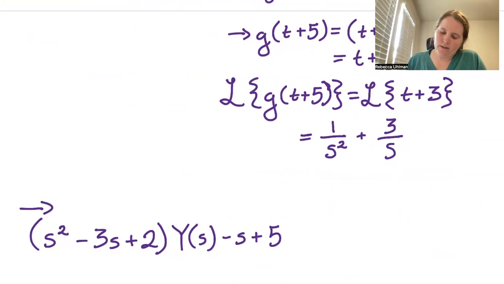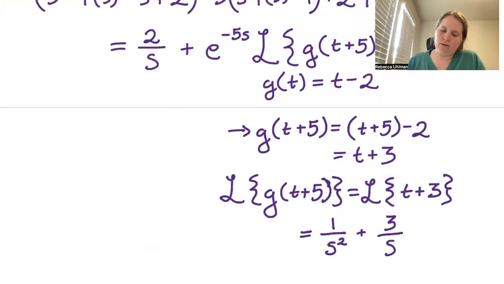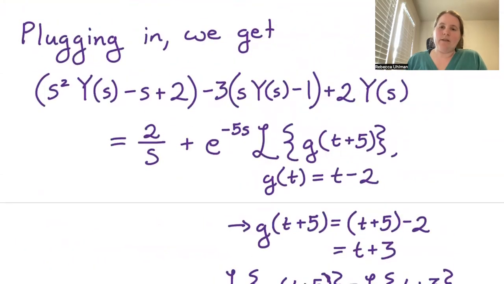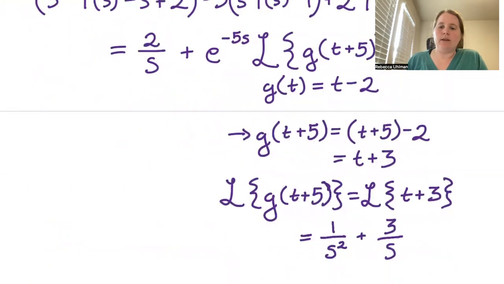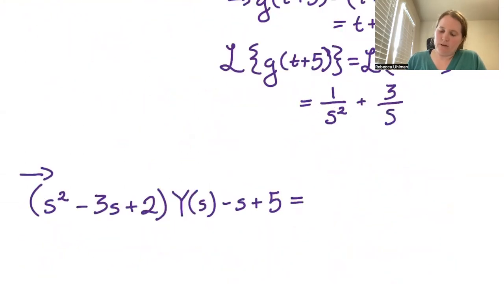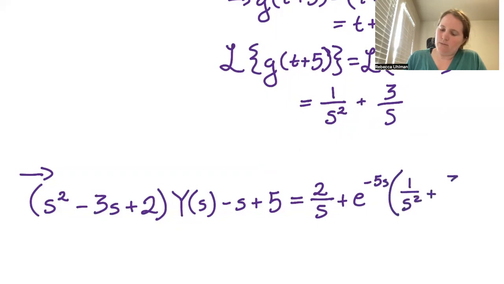And then on the right-hand side, we should have 2 over s plus e to the negative 5s times, in parentheses, 1 over s squared plus 3 over s.